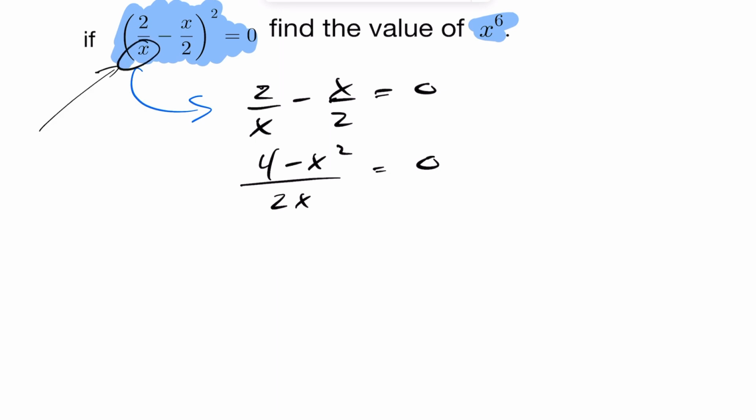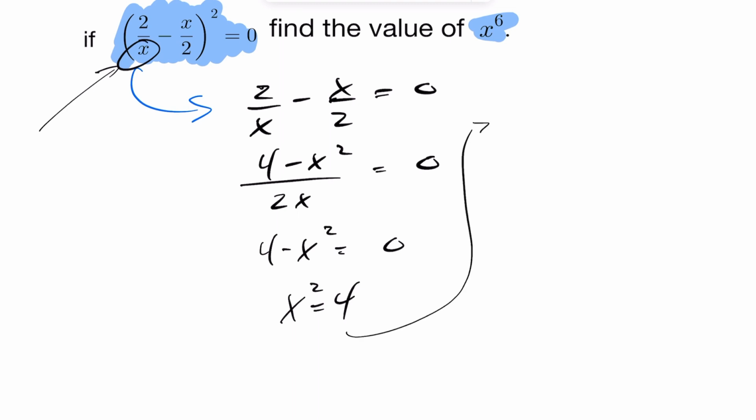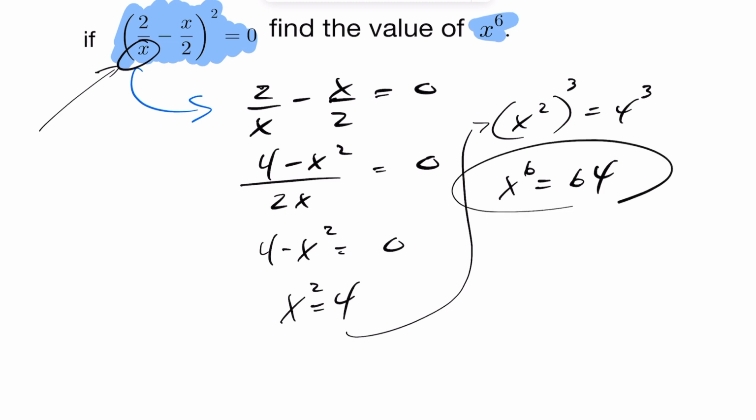So the only way this can be 0 is if 4 minus x squared is 0, which implies that x squared is 4. And right away, if x squared equals 4, I know x squared to the power of 3 is going to be equal to 4 cubed, in which case x to the power of 6 is 64, and that one is done.